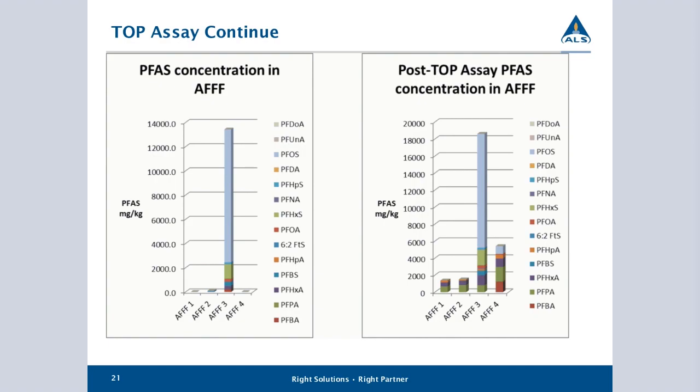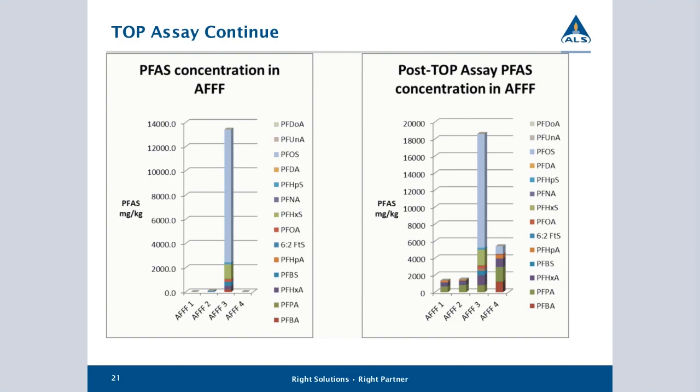So a pretty good size increase from almost nothing to 2,000 or about 1,500 milligrams per kilogram for AFFF 1, 2. 4 increased probably the most, almost about 5,000 milligrams per kilogram. And you notice AFFF 3 went from 14,000, or a little less than 14,000, to a little over 18,000.